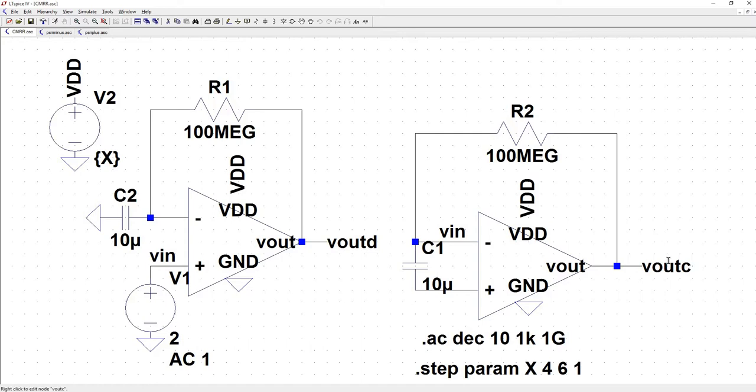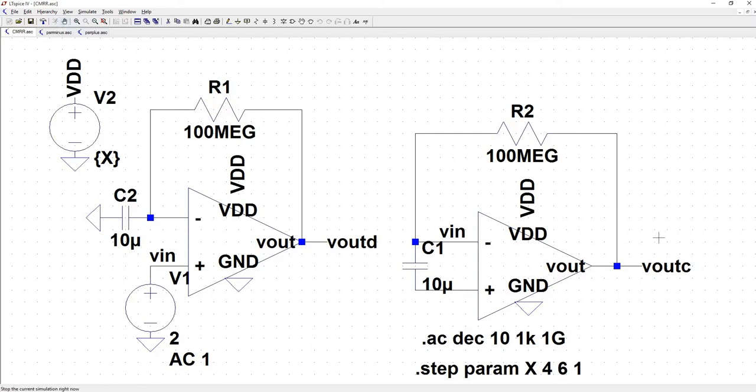And when I take the ratio of this V out divided by this V out, that's going to give me the common mode rejection ratio. That's going to tell me how much of what's common is not being amplified in that signal. So you want the common mode rejection gain to be very low, and you want the common mode rejection ratio to be as high as possible.